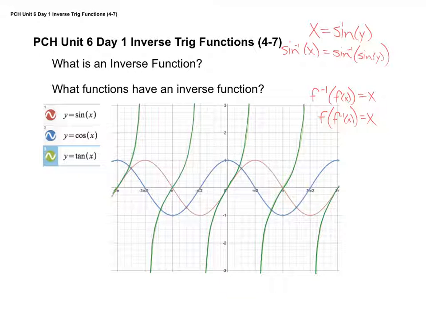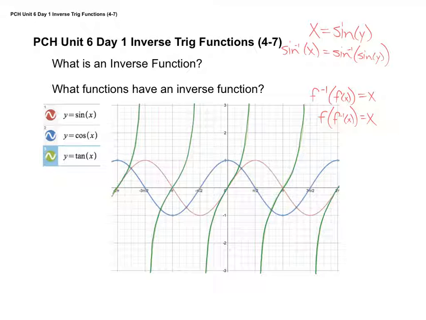Do not confuse that for the exponent -1. This is not the same thing as cosecant. Alright? We're not dealing with cosecant here. Okay, this is an actual inverse function, and anytime I teach this, there's always some that are thinking of that in terms of cosecant. It's not an exponent, it's actually notation to indicate the inverse.